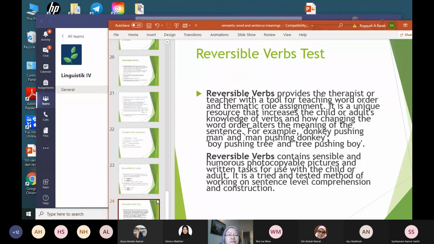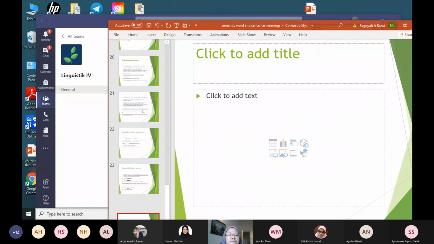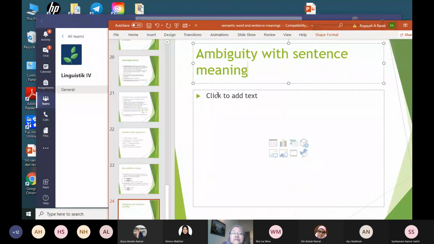I wanted to, let's see. As you know, there is also ambiguity kan. Meaning, I think we've done this quite often.